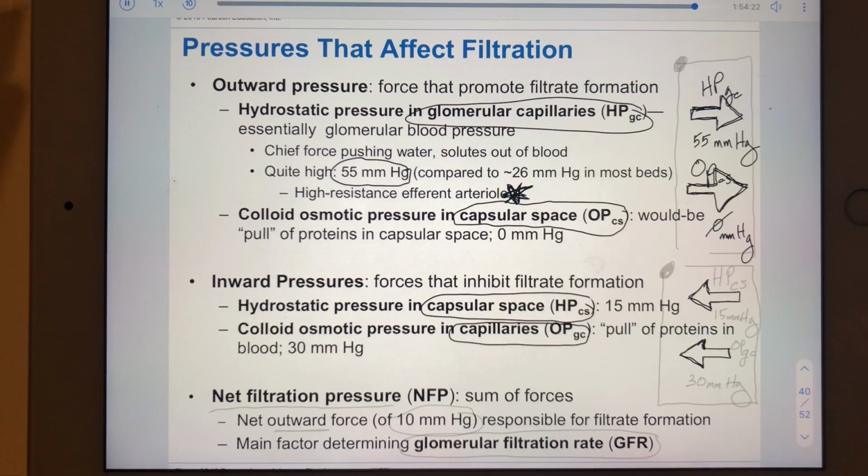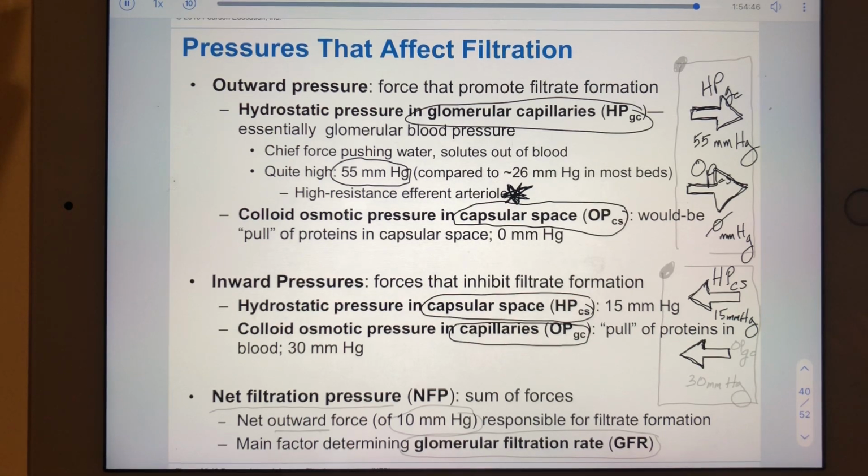So kind of the same principle as the lymphatic system keeping hydrostatic pressure of interstitial fluid low. Kind of the same idea, okay? This arrow here is 15 millimeters of mercury. Why so low?